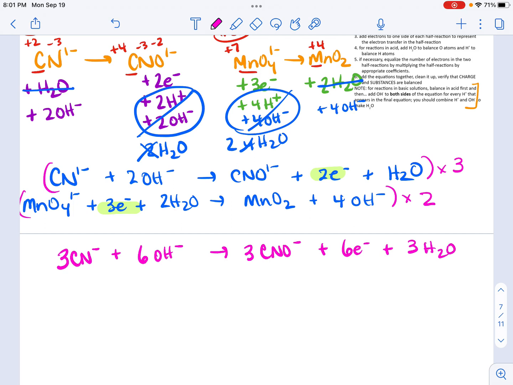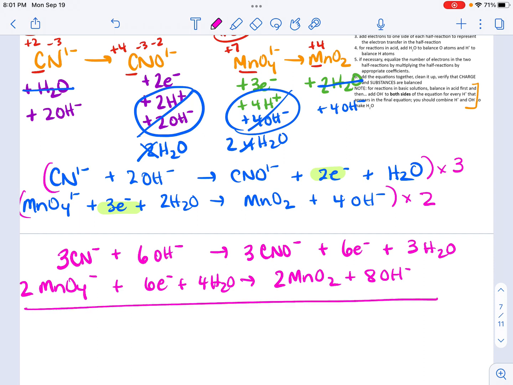That's the first half reaction. The second one is 2 MnO4 minuses, and 2 times 3 is 6 electrons, and 2 times 2 is 4 water, and my arrow. Then 2 MnO2 and 8 hydroxides. So now when I go to add these together, it actually is kind of a mess.